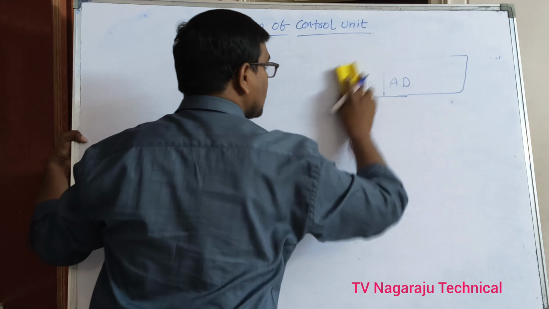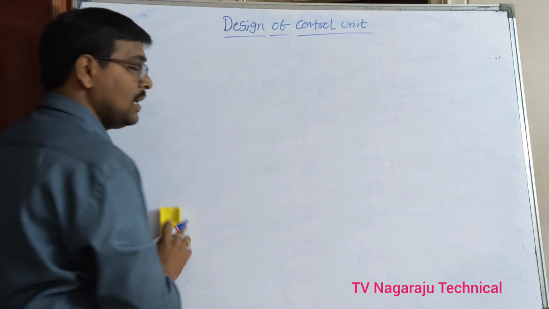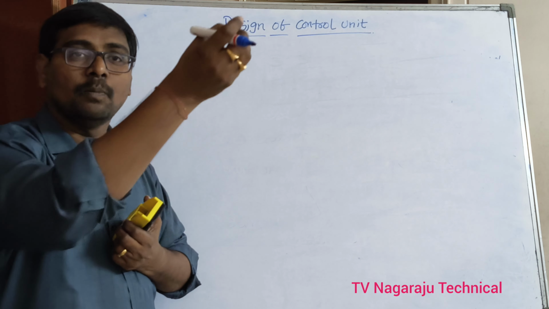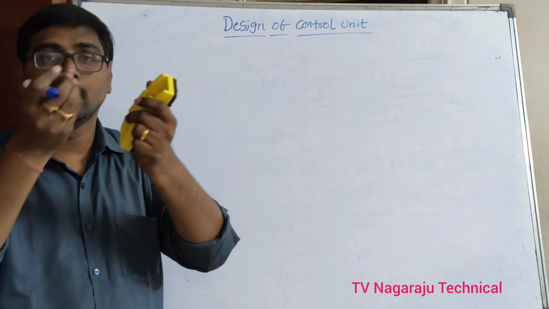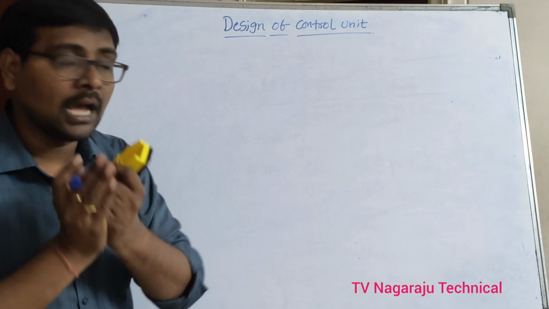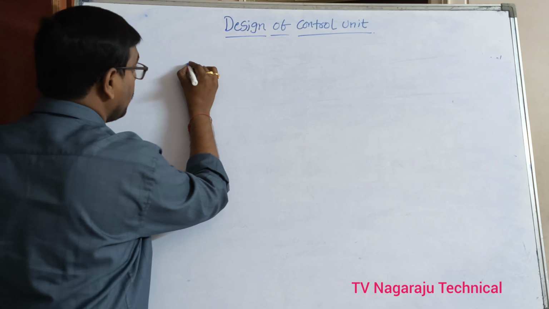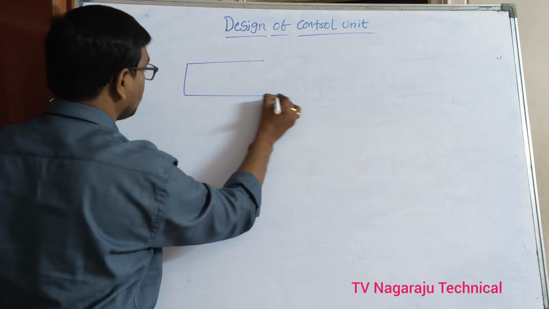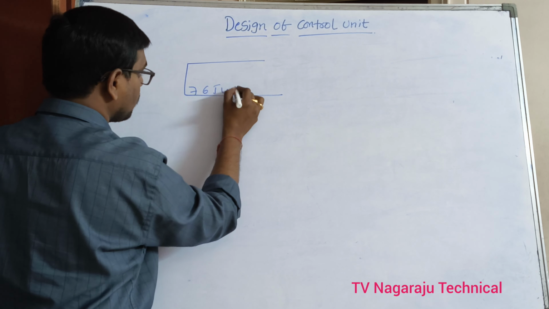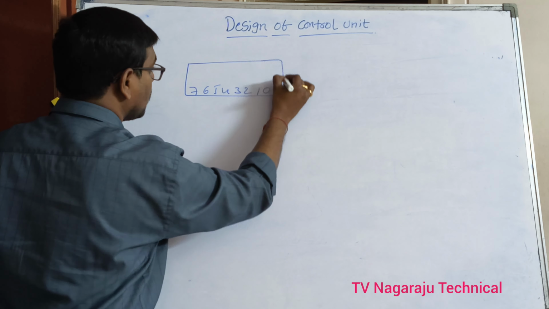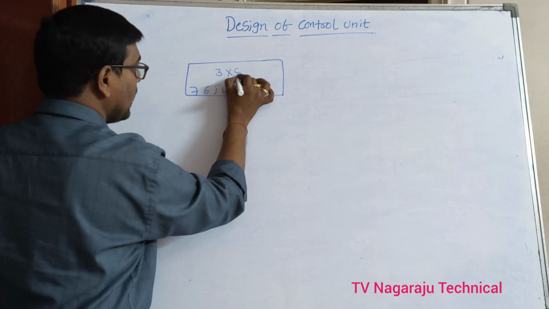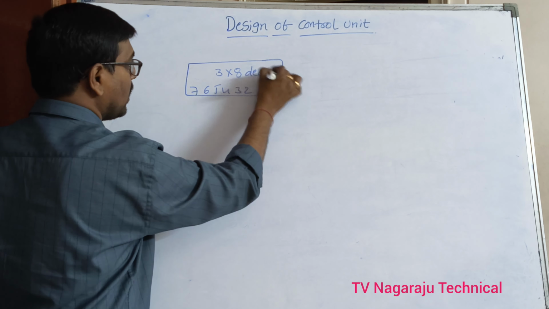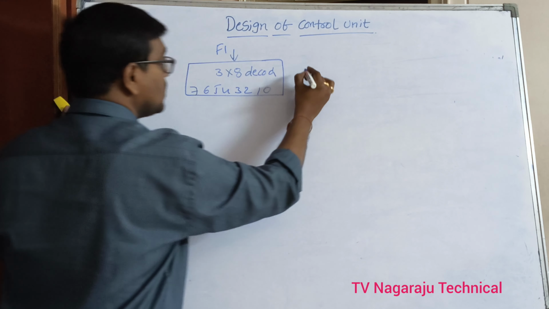Okay, what is the size of F1, F2, F3? The size is 3 bits. So by using 3 bits, you can produce a maximum of 8 operations. Now we will discuss F1. Here I am using a 3 by 8 decoder. This is my F1.